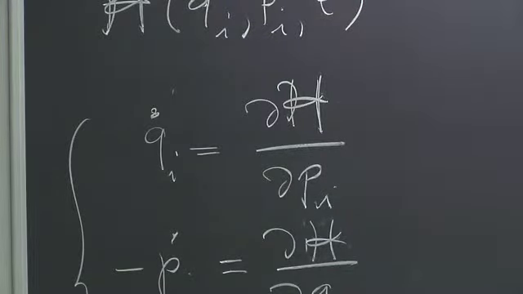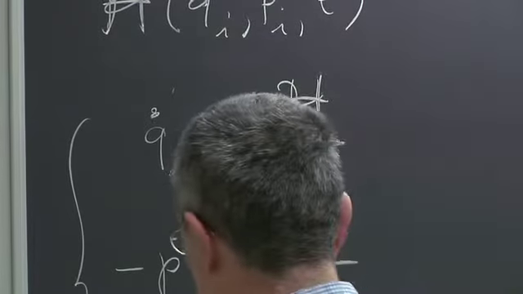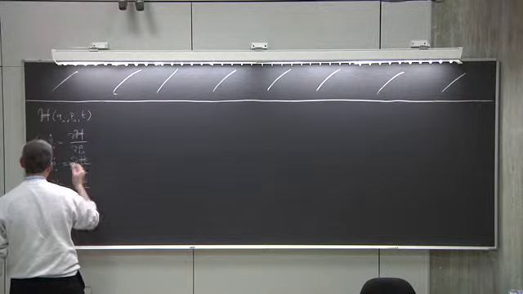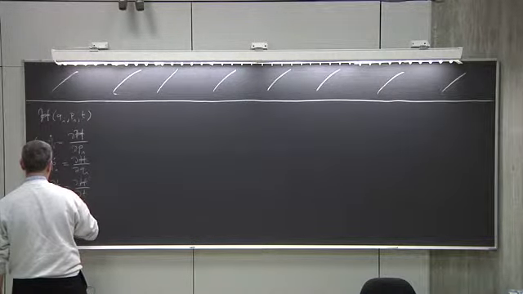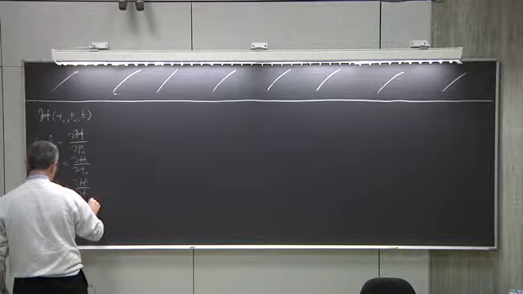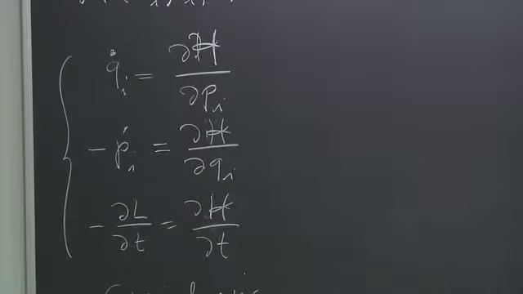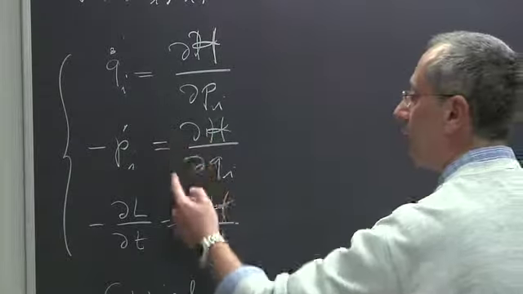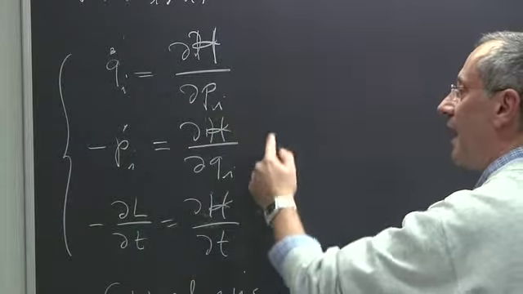So these are called Hamilton's canonical equations of motion.